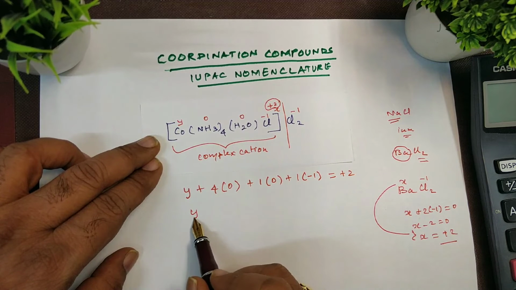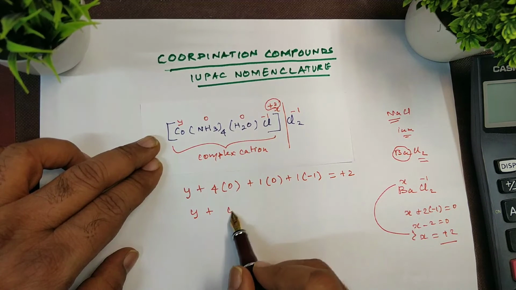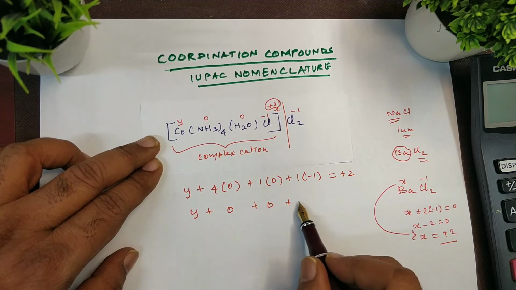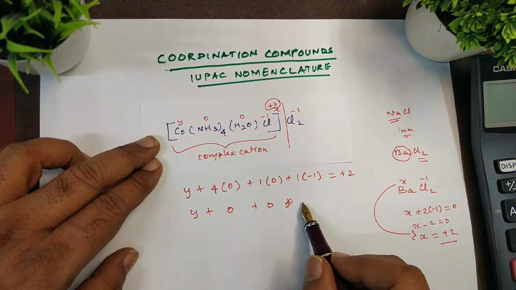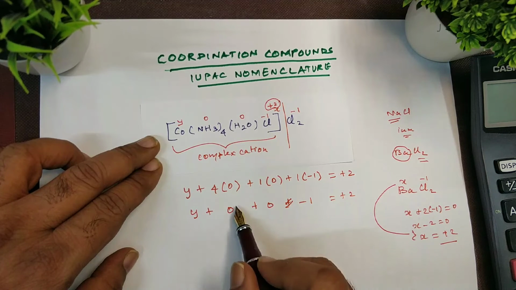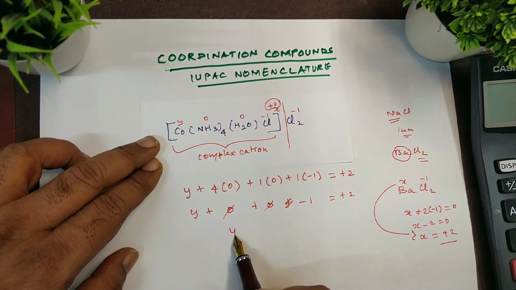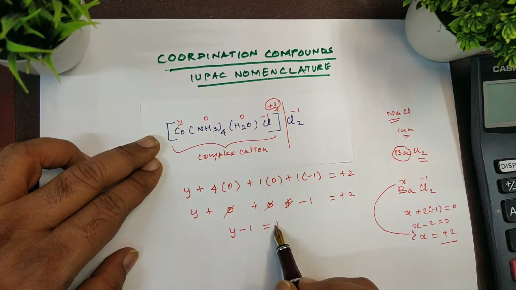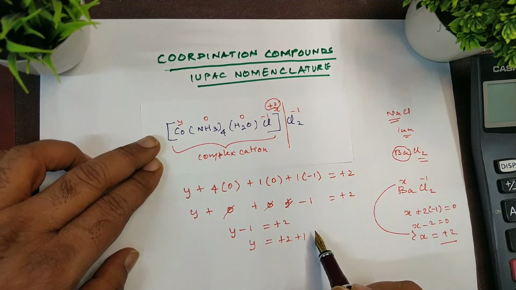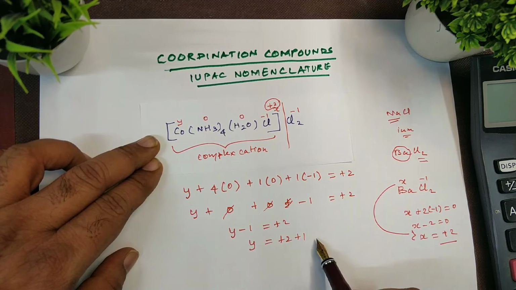You know very well: Y plus 4 into 0, 0, 1 into 0, 0, and 1 into -1, -1. So we can put -1, that is equal to +2. You can cancel all these things. So Y minus 1 is equal to +2. Y is equal to +2 +1. When -1 goes to the RHS, it becomes plus.